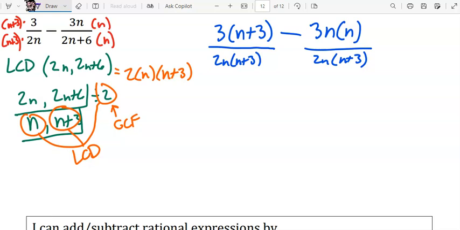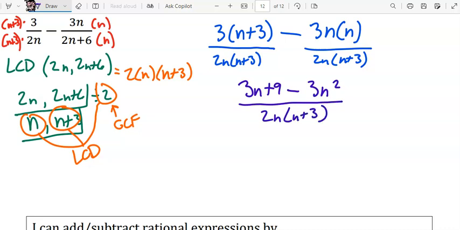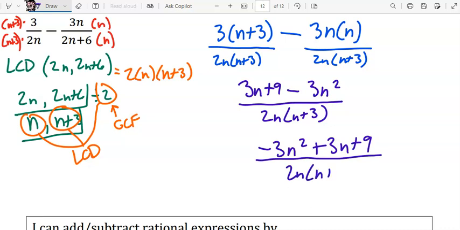So then we have 3n plus 9 minus 3n squared. We have negative 3n squared plus 3n plus 9 all over 2n times n plus 3.